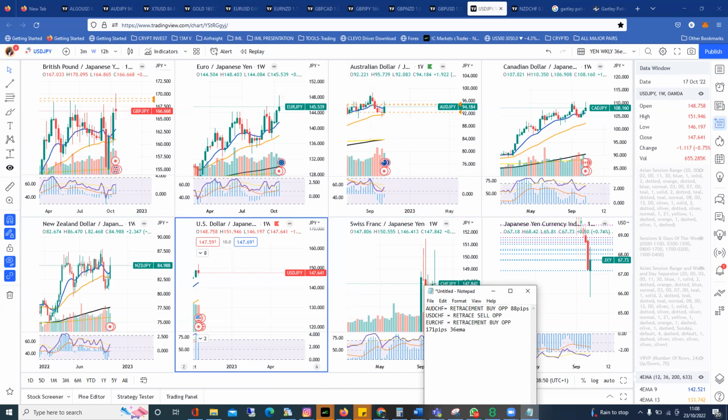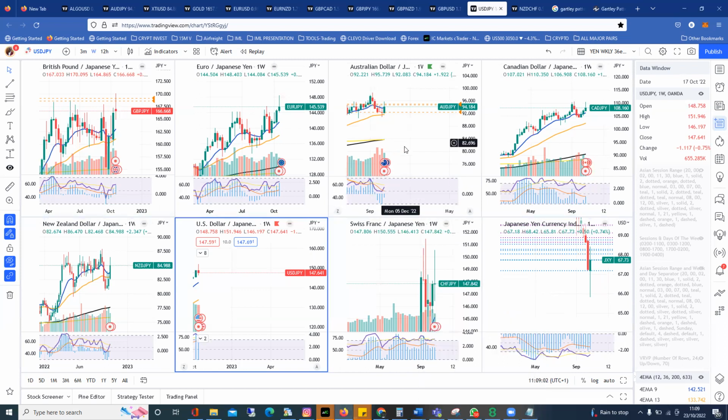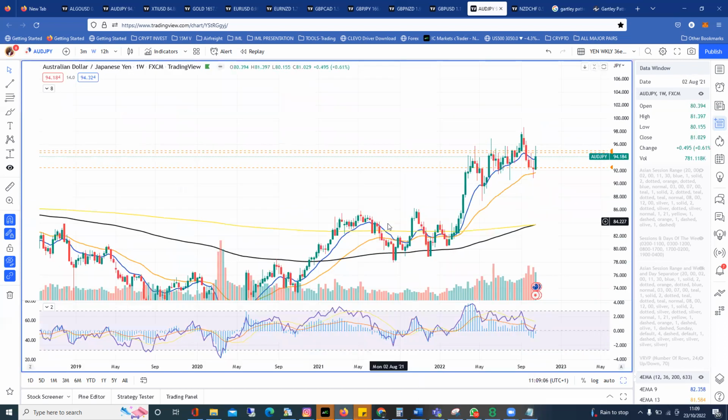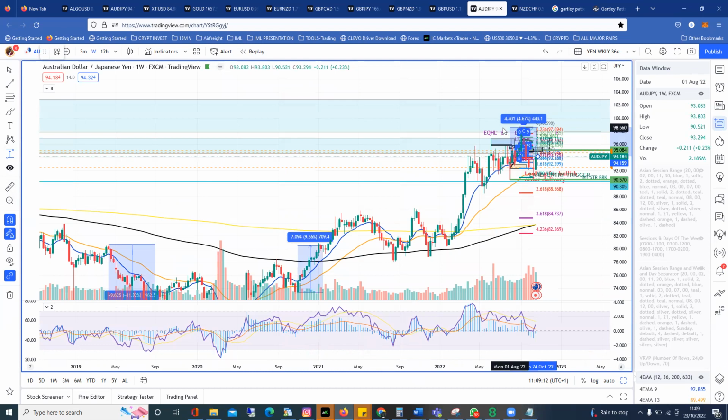You have to flow with the market and understand the reason why you are doing certain things. The only reason why we are looking at this is what we can gain in terms of reward. So if we look at the Aussie yen and ask what we can gain in terms of reward, it will be a trade back to this level, which is 432 pips.